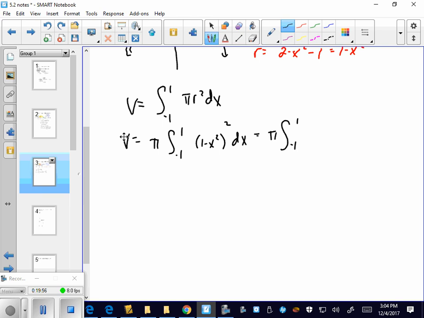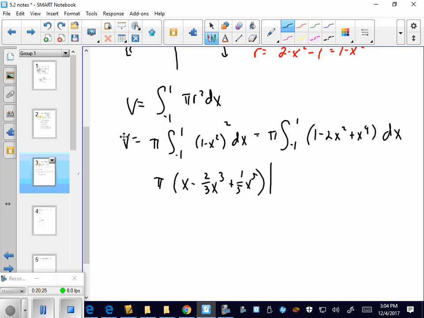Let's see, FOILing that's going to be 1 minus 2x squared plus x to the fourth dx. So now we can take the antiderivative, which is going to be x minus 2/3 x cubed plus 1/5 x to the fifth, evaluated from -1 to 1.